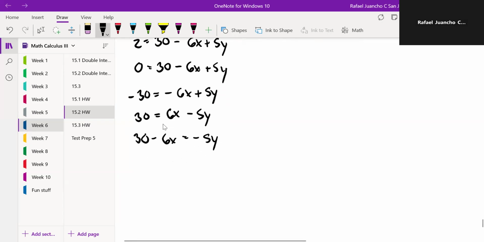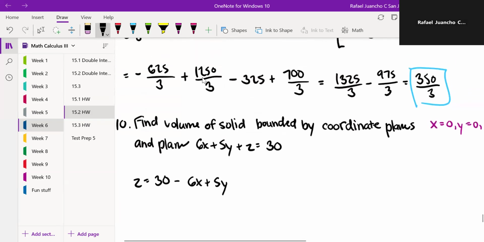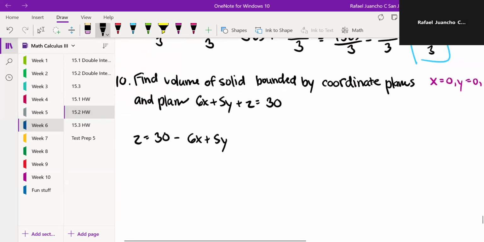Now, if I divide everything by 5, oh, I get something. Okay, let's try a different way. To me, that felt like, okay, maybe I need to try something else, because I can already see how complicated it looks. So we're gonna have to try a different way.